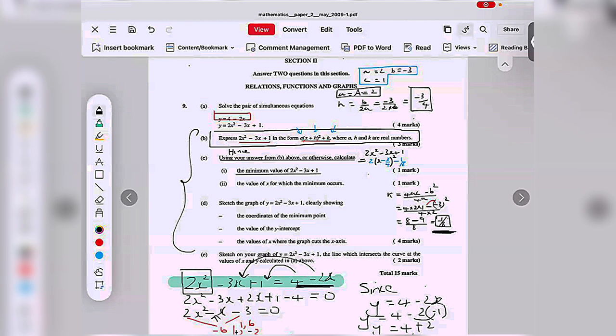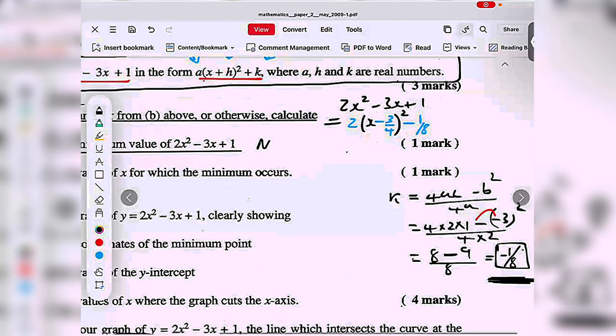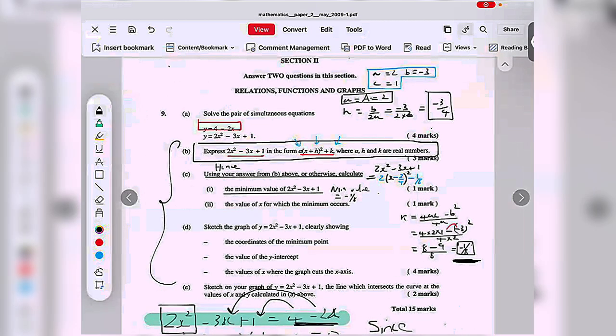So, if they want the minimum value of this here, you're just going to simply write down that min value equals negative 1/8. That's it. Because they say use the answer. So if you know some other way, you can figure it out. Wonderful. So the minimum value is -1/8.